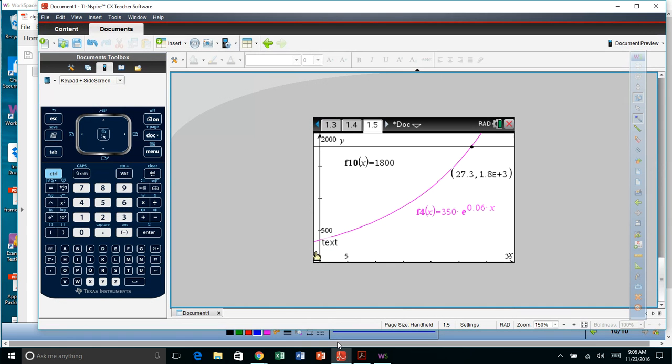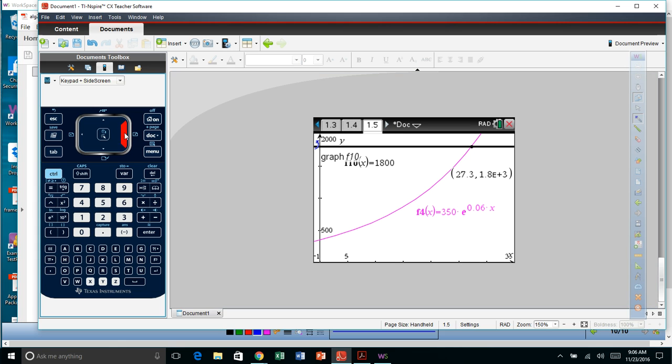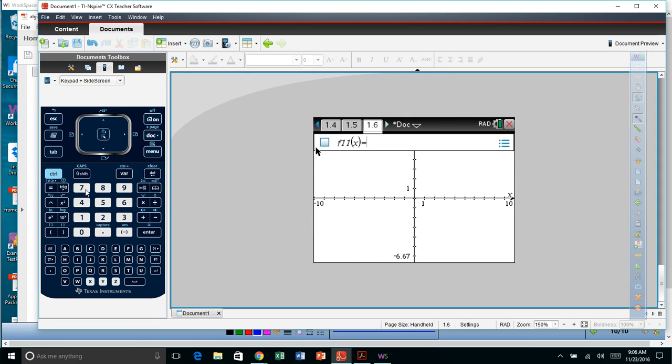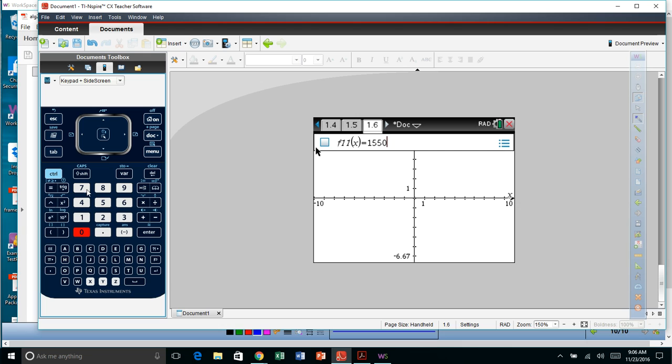So let's go to our graph. Let's put one in. So it was 1550, and then the number e to the 0.04 t, and you have to use the exponent key, and we'll hit graph.